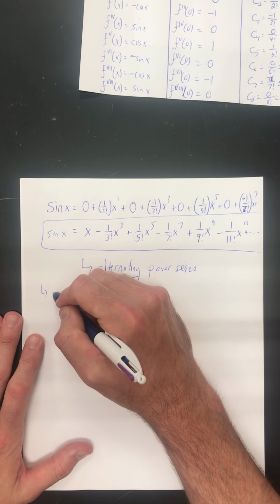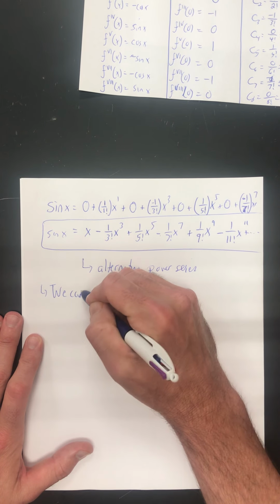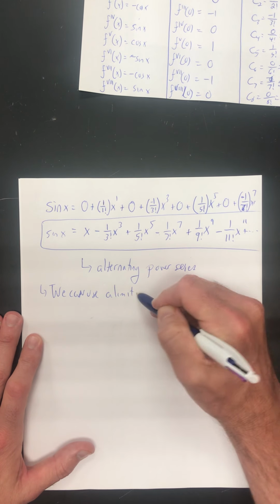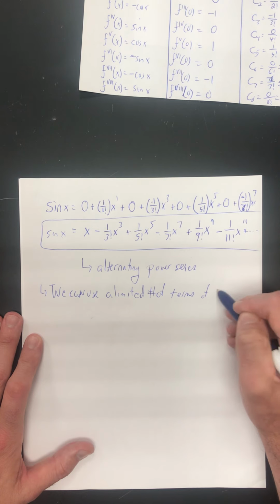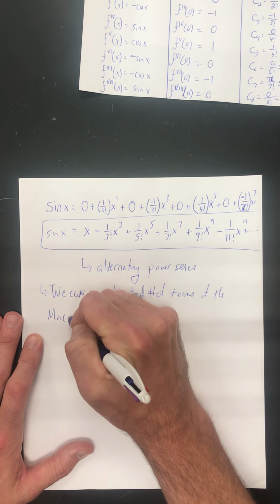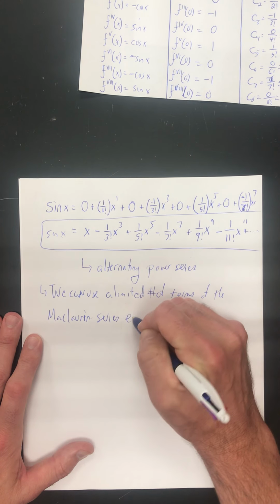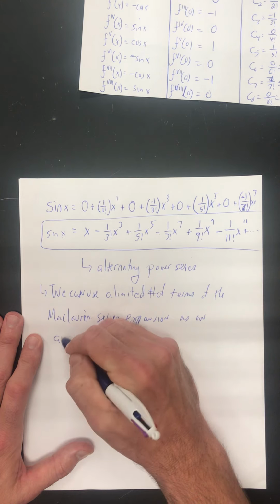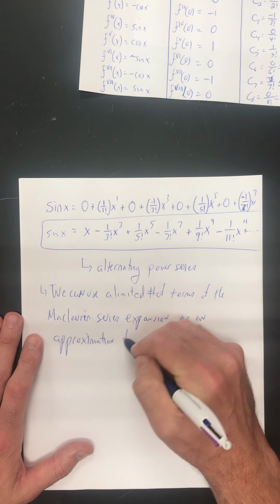What we're going to find here, and this is going to be clear in the next video, is that we can use a limited number of terms of the Maclaurin series expansion as an approximation for the function.